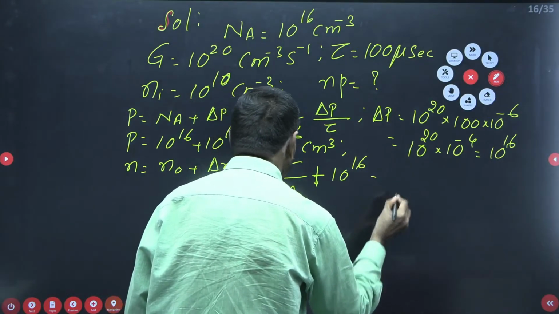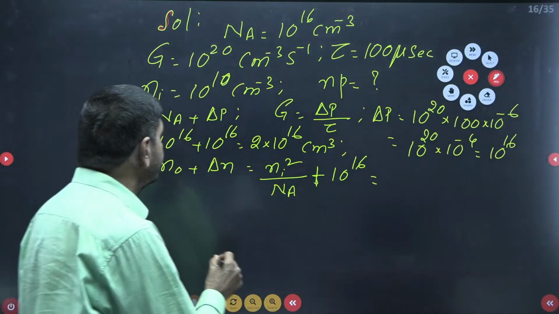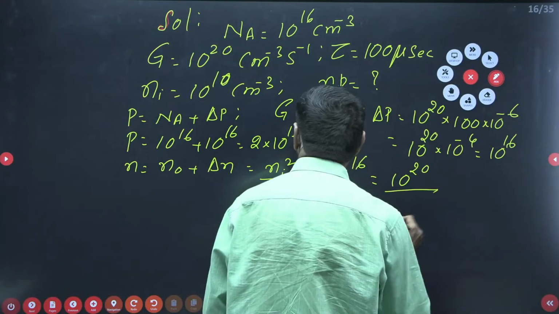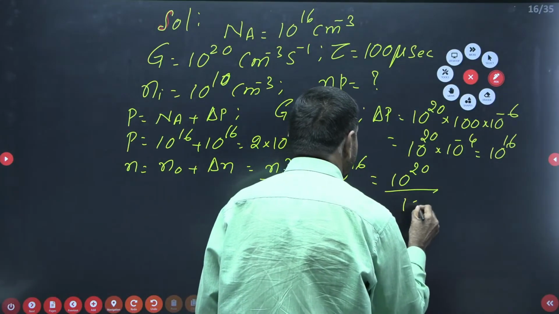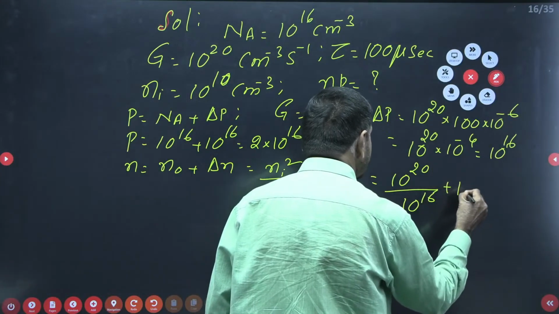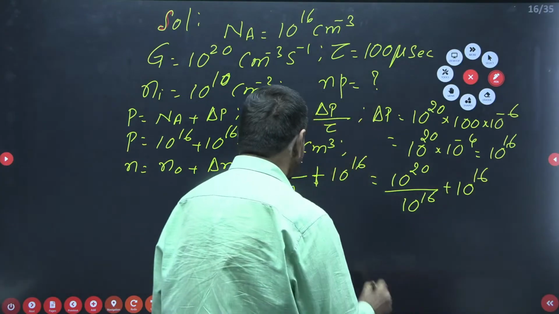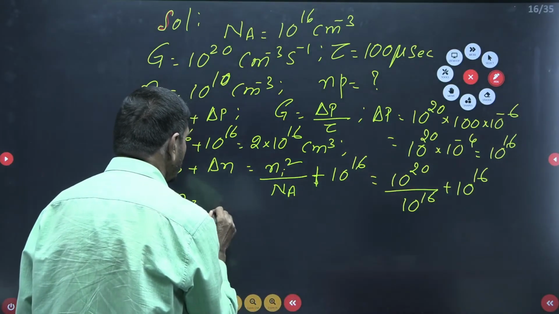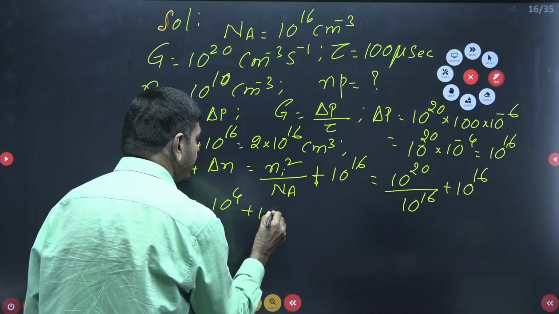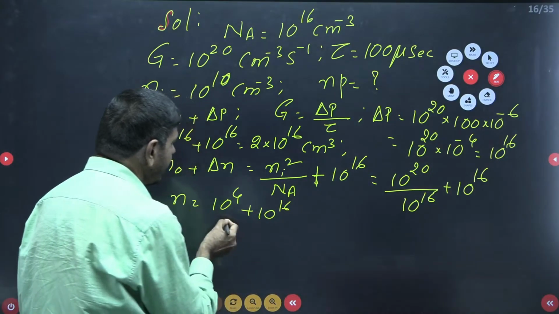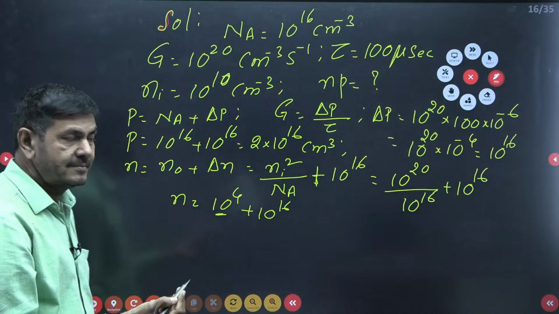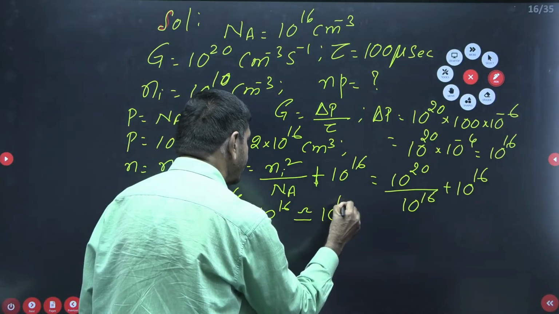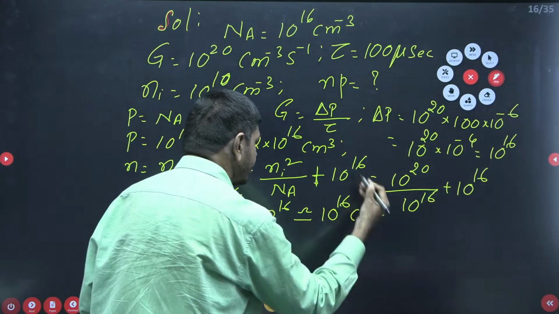So ni squared is 10 power 20, divided by Na, 10 power 16, plus 10 power 16. Finally n is 10 power 4 plus 10 power 16, but 10 power 4 is very small compared to 10 power 16, so n is approximately 10 power 16 per cm cube.